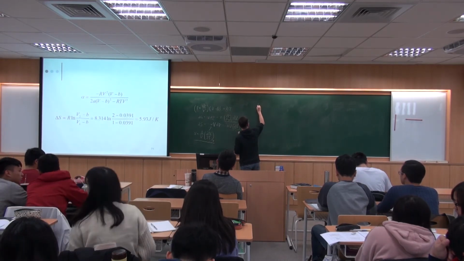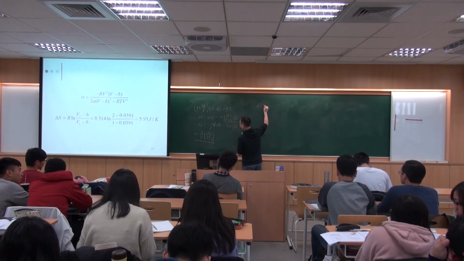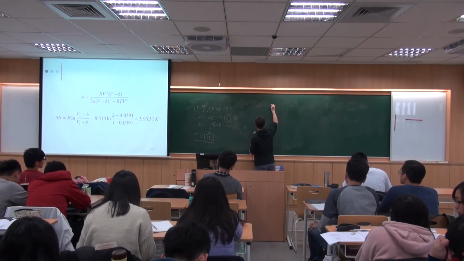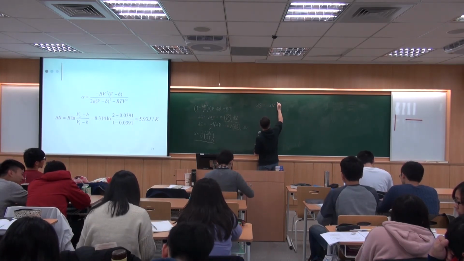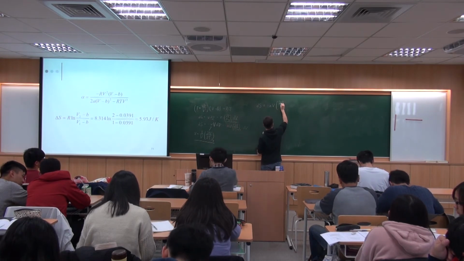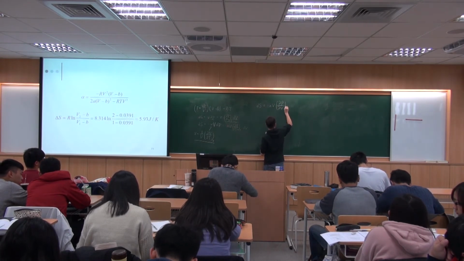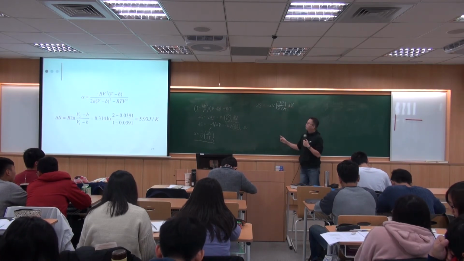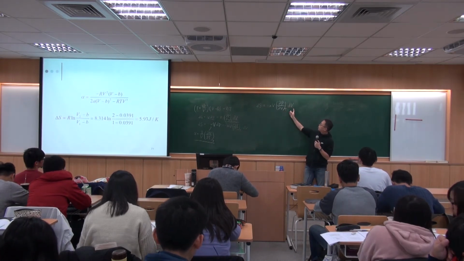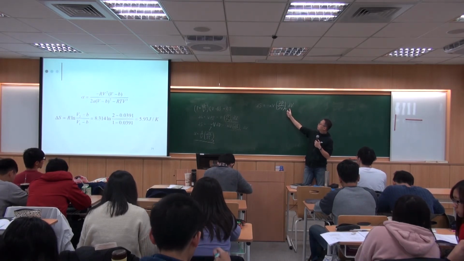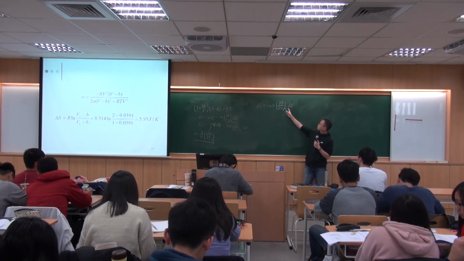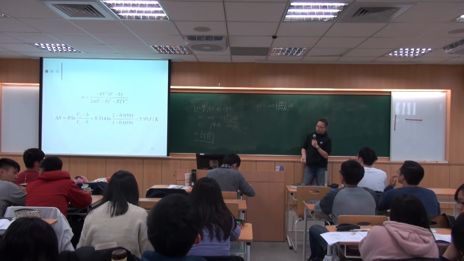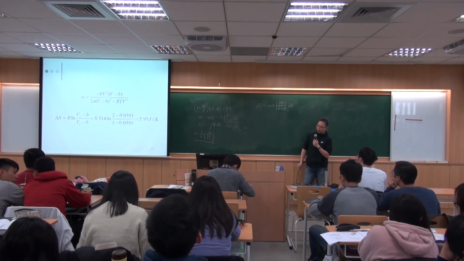We know that we want to calculate ds, and this is minus alpha v like this, right? And again, this is the reason why we have this, because we want to use volume as our variable for integration.